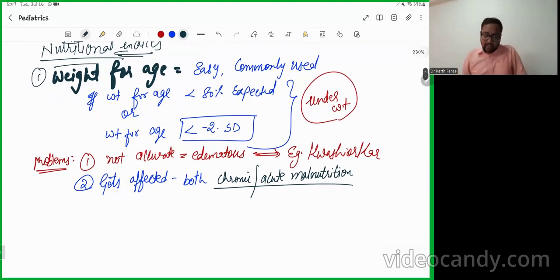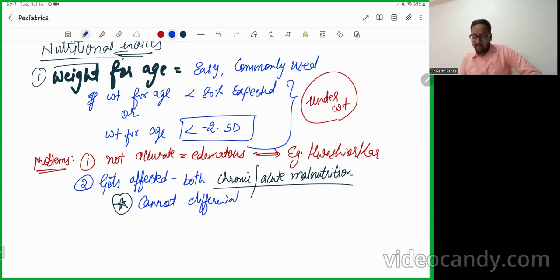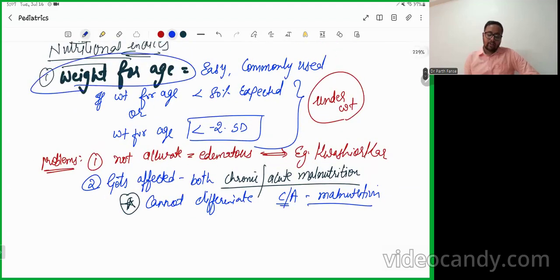So if the value is affected in both acute and chronic, what is the drawback or limitation? It cannot differentiate between chronic and acute malnutrition. This is the first index we talked about.